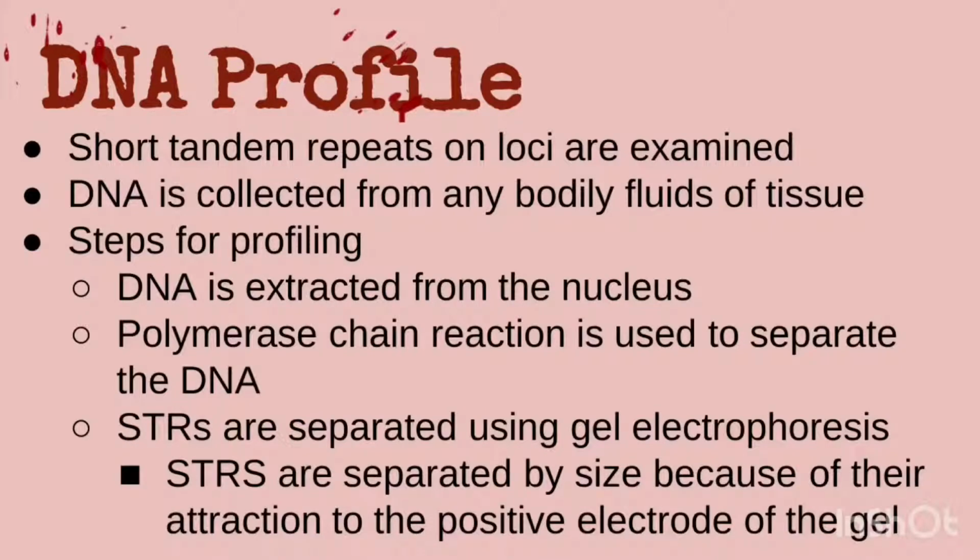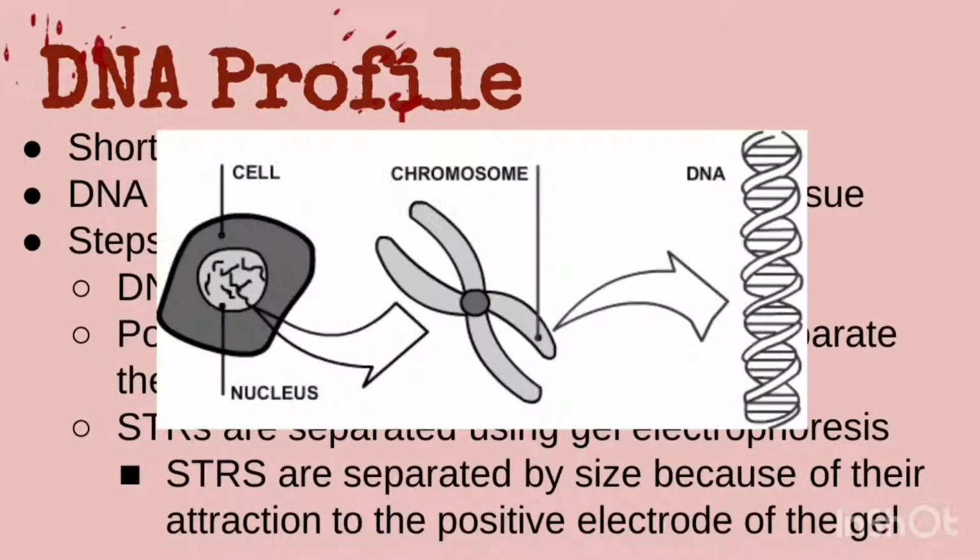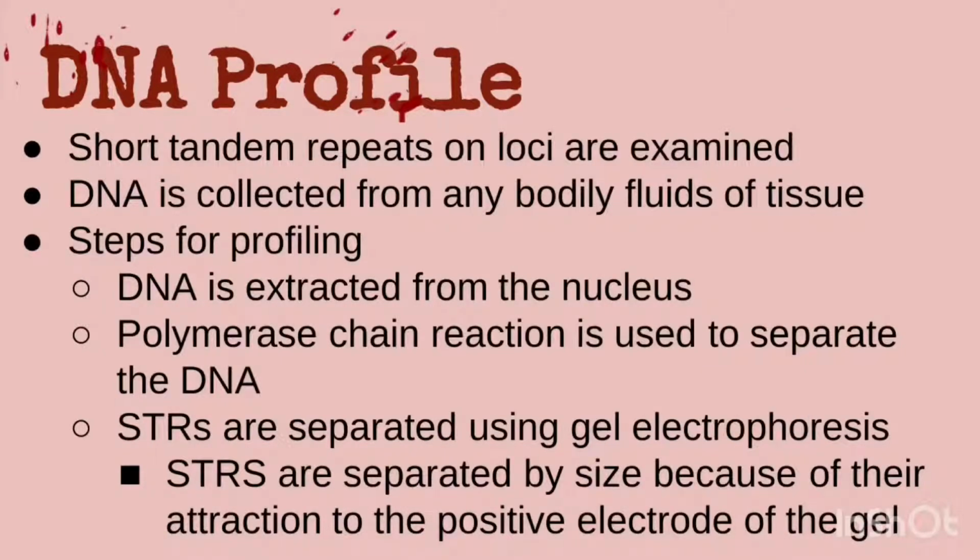Because of their uniqueness, experts would examine the short tandem repeats in the loci, usually more than 10, to create a DNA profile. The first step in DNA profiling is to extract the DNA from the nucleus and separate it from other cellular fluids and proteins. Once separated, the DNA must be replicated using a polymerase chain reaction.